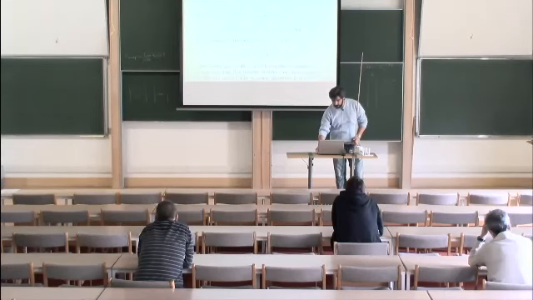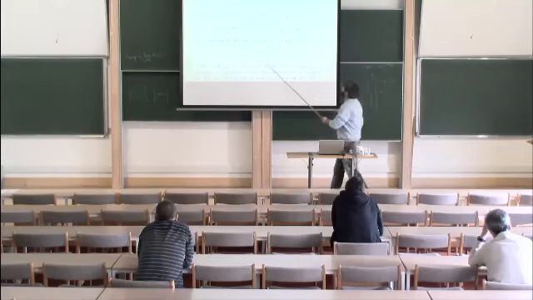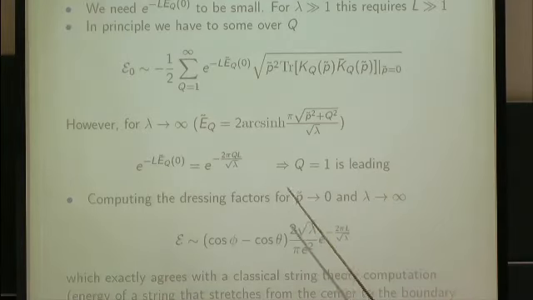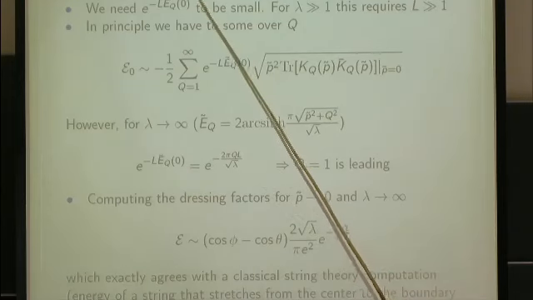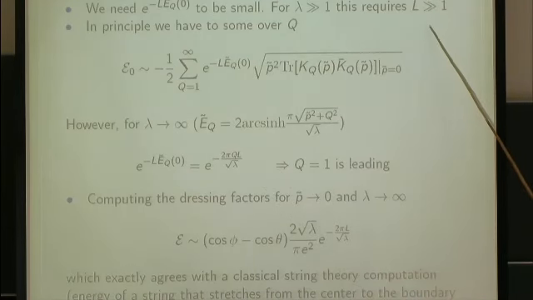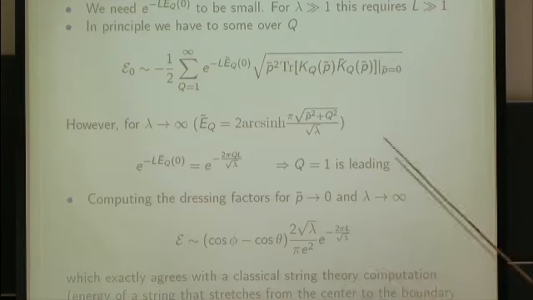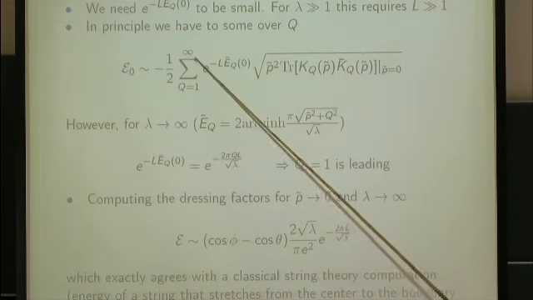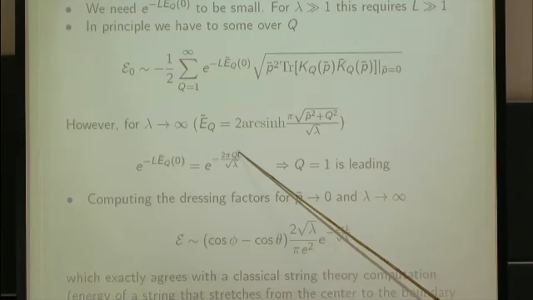So let's compute it. Well, I can do it quickly. As I was saying, this Lüscher correction is going to be valid if this quantity is very small. In the strong coupling limit, you necessarily need L to be very large. So this is not going to be related to the cusp anomalous dimension, but it is a check because you can see that in principle you have to sum over all the Q's, but only Q equal to 1 is leading.